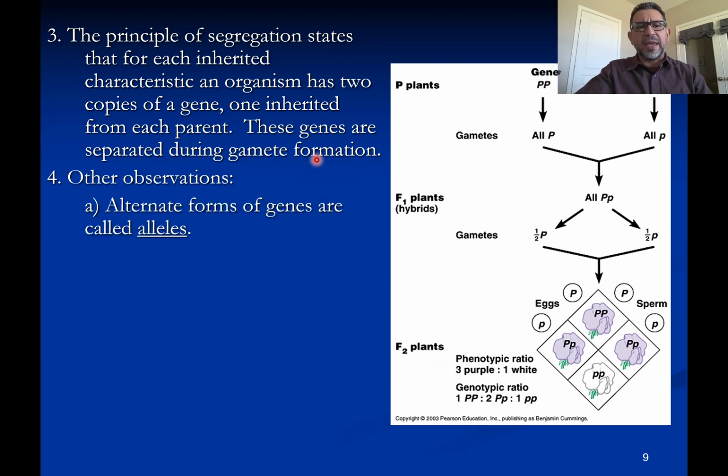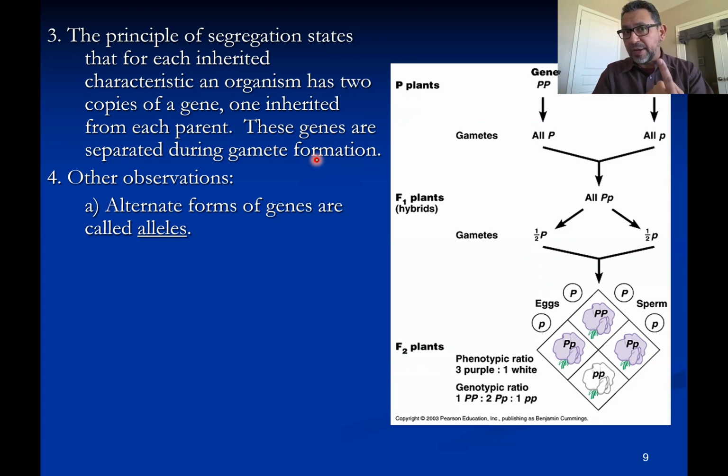Other observations he made was that those heritable factors, or genes as we call them now, come in variations. Variations of a particular characteristic of a particular heritable factor are going to be known as alleles. So think, for example, flower color. That is one characteristic. There is a type of gene, a sequence of DNA bases that is responsible for producing flower color.